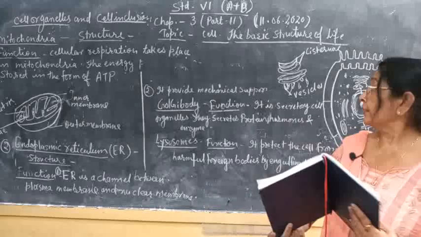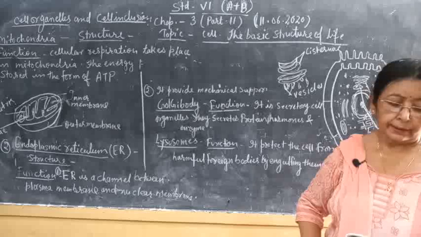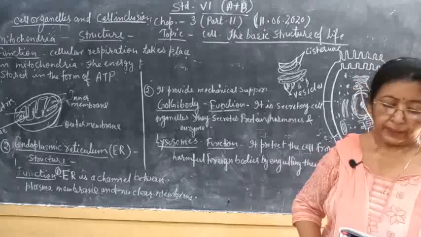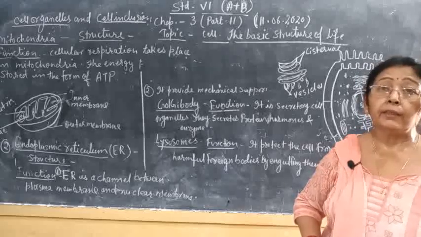Lysosome. It is a sac-like cell organelle mainly found in animal cells and some specific plant cells. It is also called the suicidal bag of the cell. Why?